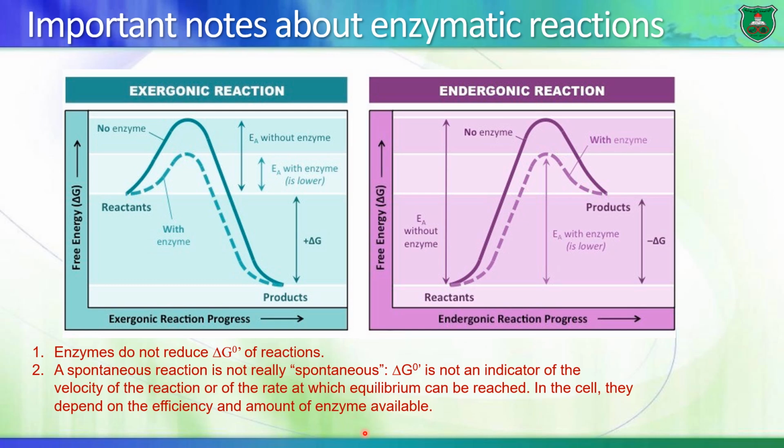It doesn't tell us how long a reaction would take, the time that it needs to happen. Because these things, that is the velocity of the reaction and the time it takes for it to take place, depend mainly on the efficiency of the enzyme as well as how much enzyme there is in the system.